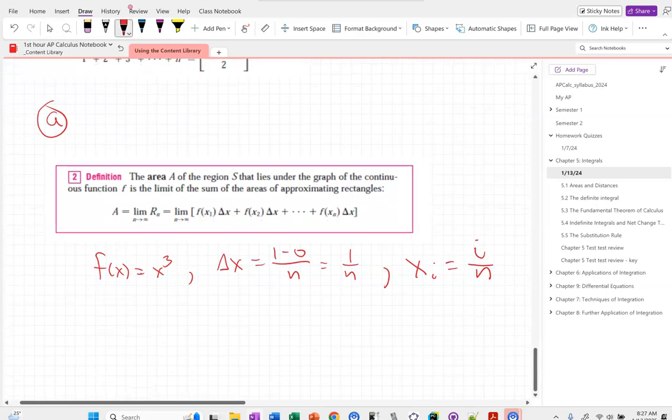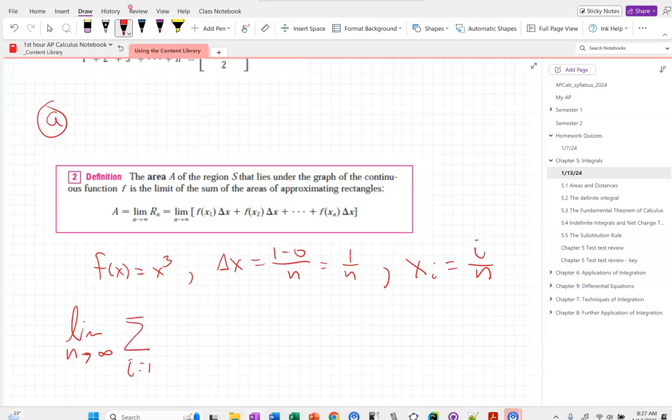So if I put this together, I'd say this should be the limit as n goes to infinity of the sum i equals 1 to n of i over n cubed times 1 over n.